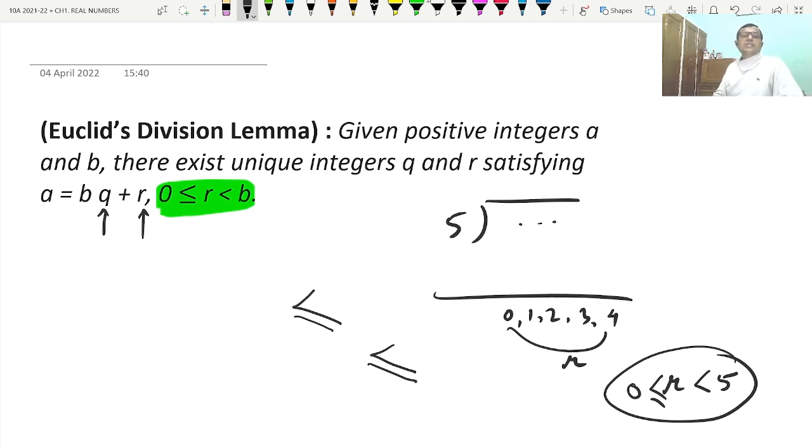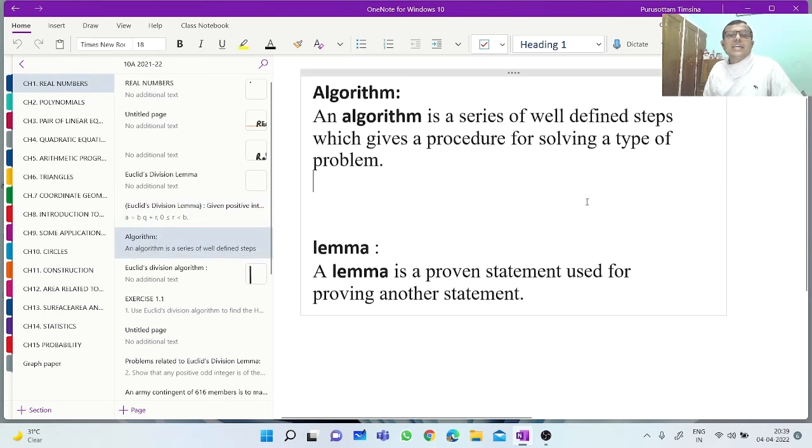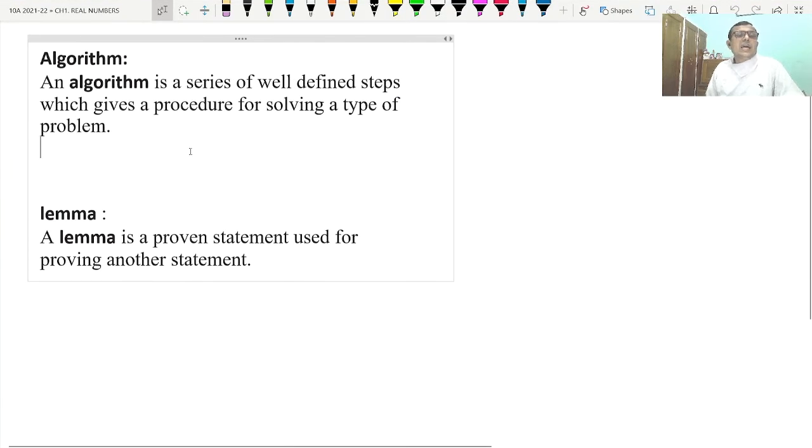This statement is known as Euclid's division lemma. Then we have understood Euclid's division lemma. Now we will understand Euclid's division algorithm. We will understand algorithm and lemma first. What is algorithm?